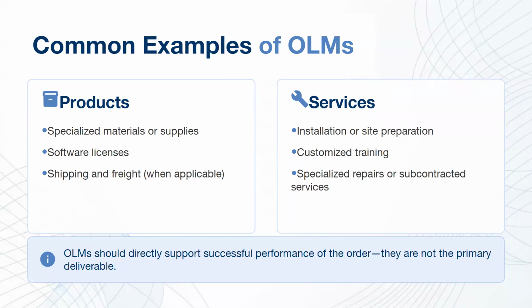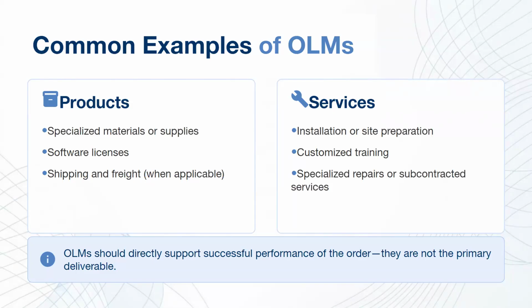All right, we're going to give some common examples of OLMs. One of the easiest ways to understand OLMs is by looking at the types of products and services that commonly qualify. On the product side, imagine a contractor performing an IT modernization project.